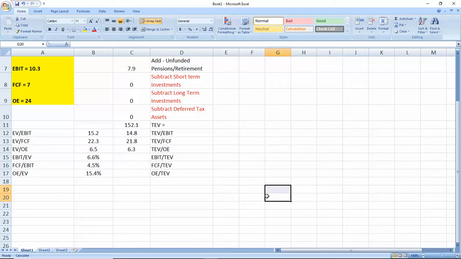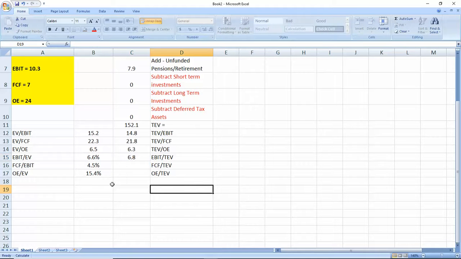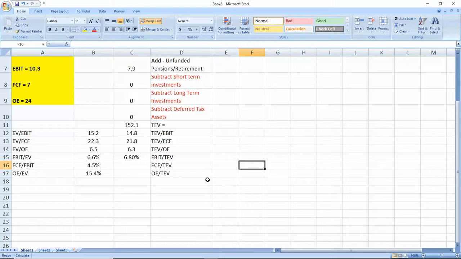So 10.3 divided by 152.1, 6.8%. 7 divided by 152.1, 4.6%.